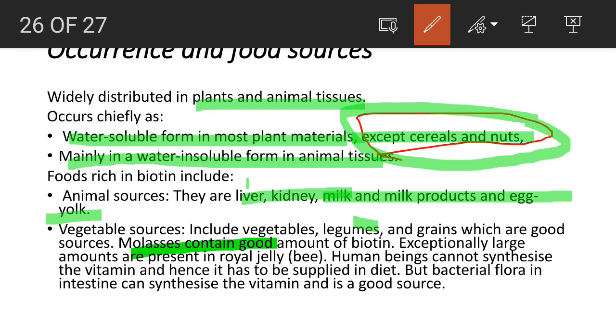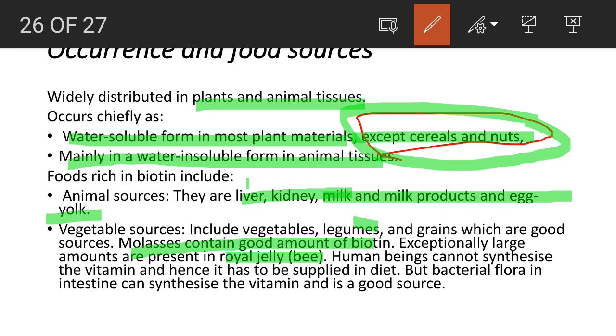Molasses contains a good amount of biotin. Exceptionally large amounts are present in royal jelly of bees, which is the richest source of vitamin B7, vitamin B5 and vitamin B6.